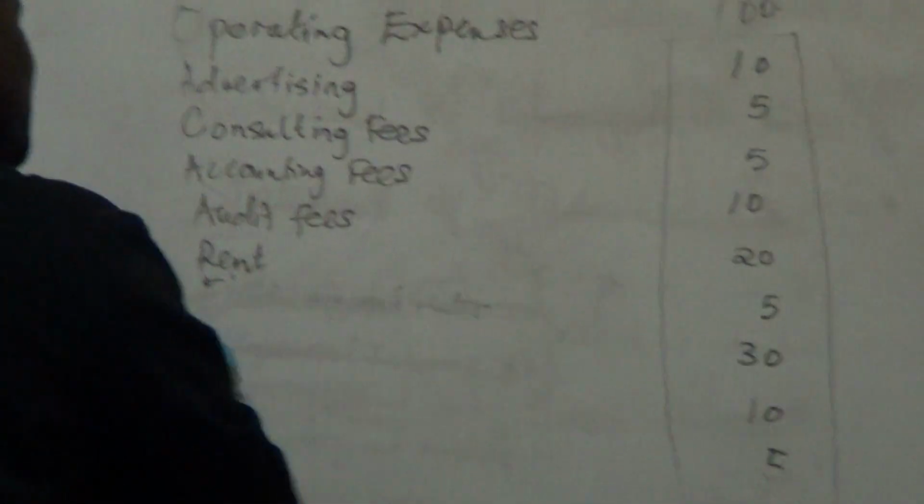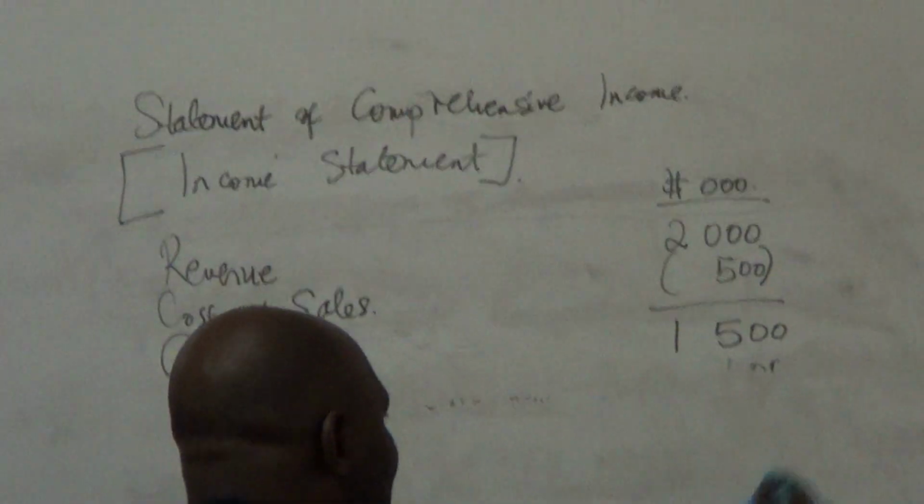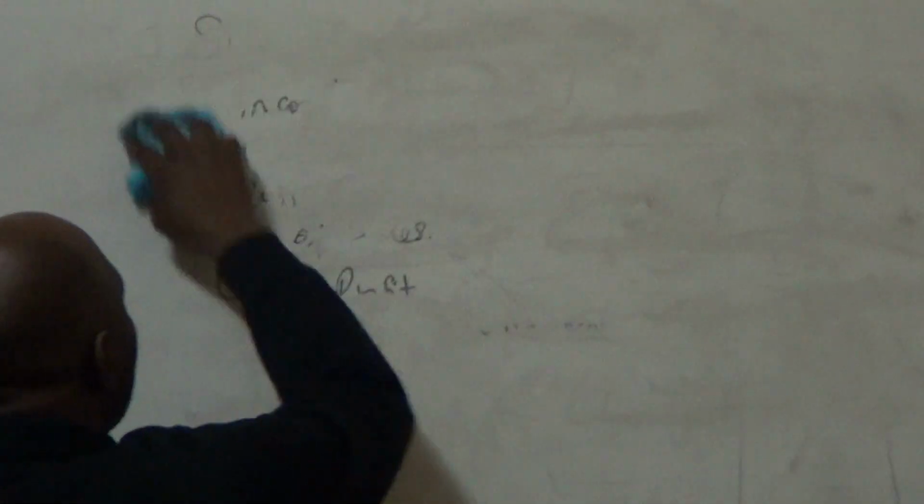Okay, guys. I'm hopeful that this video is going to be very useful to you in terms of understanding a basic income statement which is not meant for publication. And in our next lesson, we'll focus on an income statement that is meant for publication, which has to conform to those particular requirements for publication.